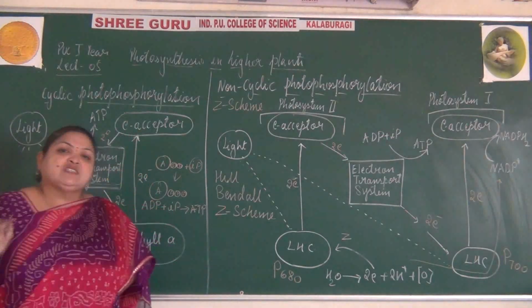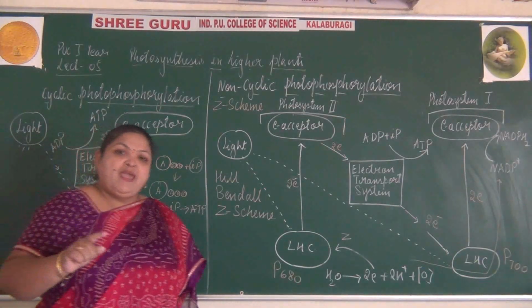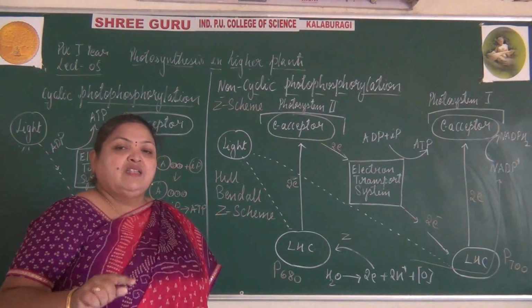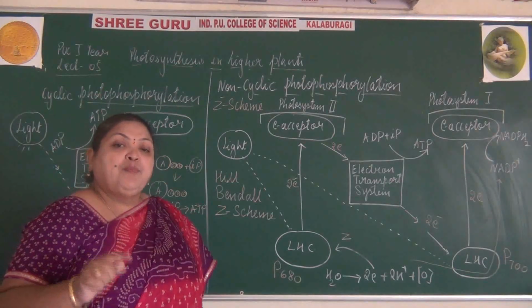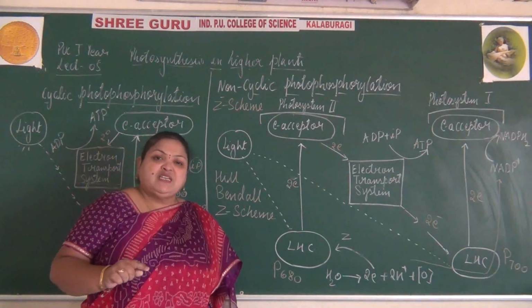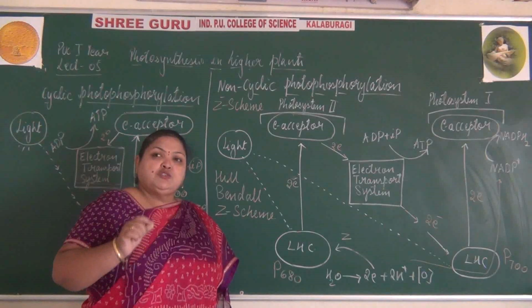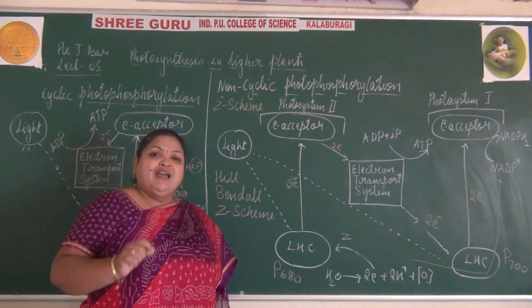The chloroplast has two main internal components, the grana and the stroma. The pigment molecules present in the thylakoid membrane absorb solar energy.